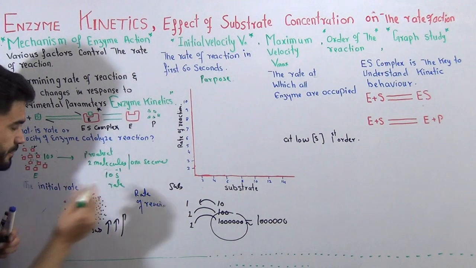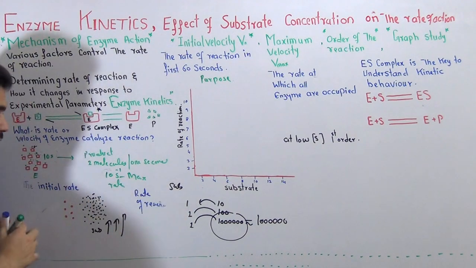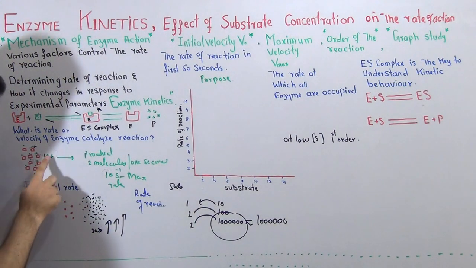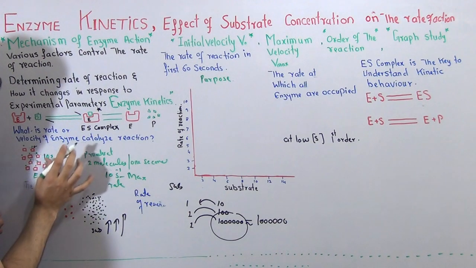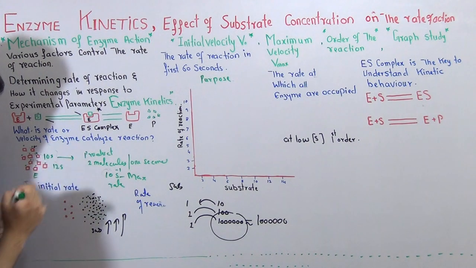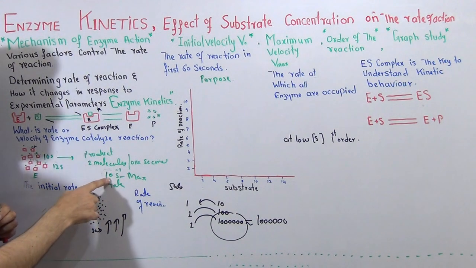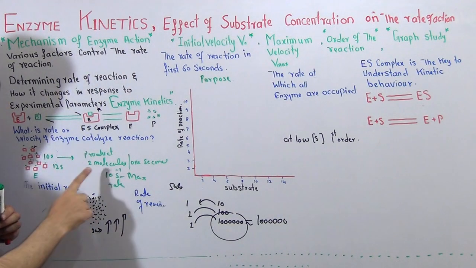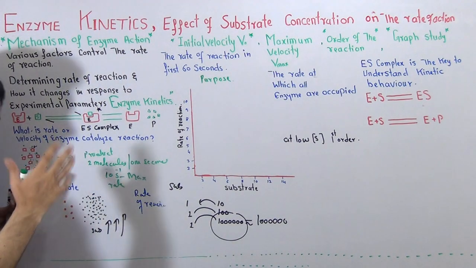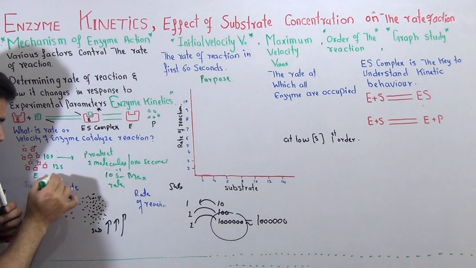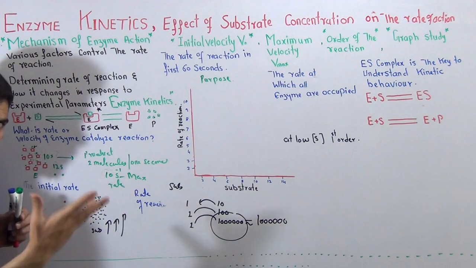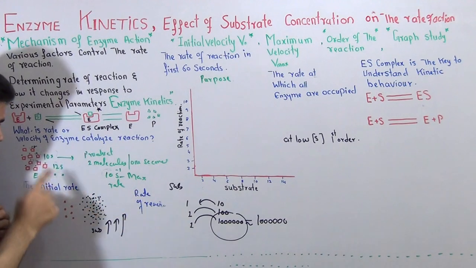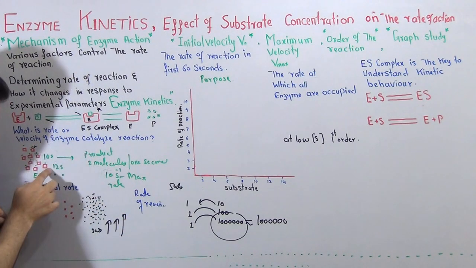because why? Because in this situation where you have 10 enzymes, if you increase the substrate from 10 to 11 or 12 substrate, the reaction rate will stay 10 per second. The reaction will not increase to 12. You know why? Because if you had 10 substrate molecules and you brought 2 more to get 12, out of the 12 substrate molecules, 10 will bind to the 10 enzymes.